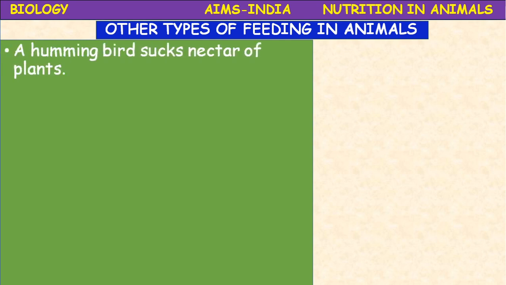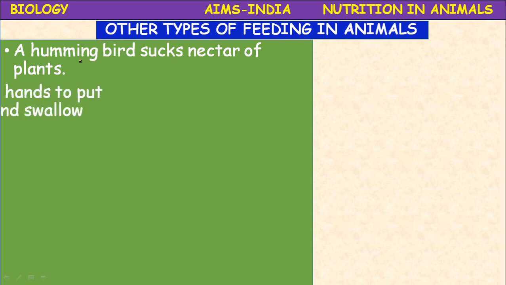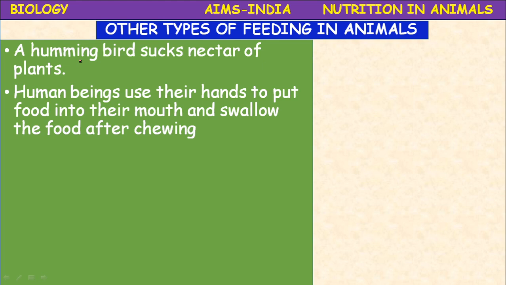Other types of feeding in animals. For example, a hummingbird sucks the nectar of the flowers of plants. Human beings use their hands to put food into their mouth and swallow the food after chewing.